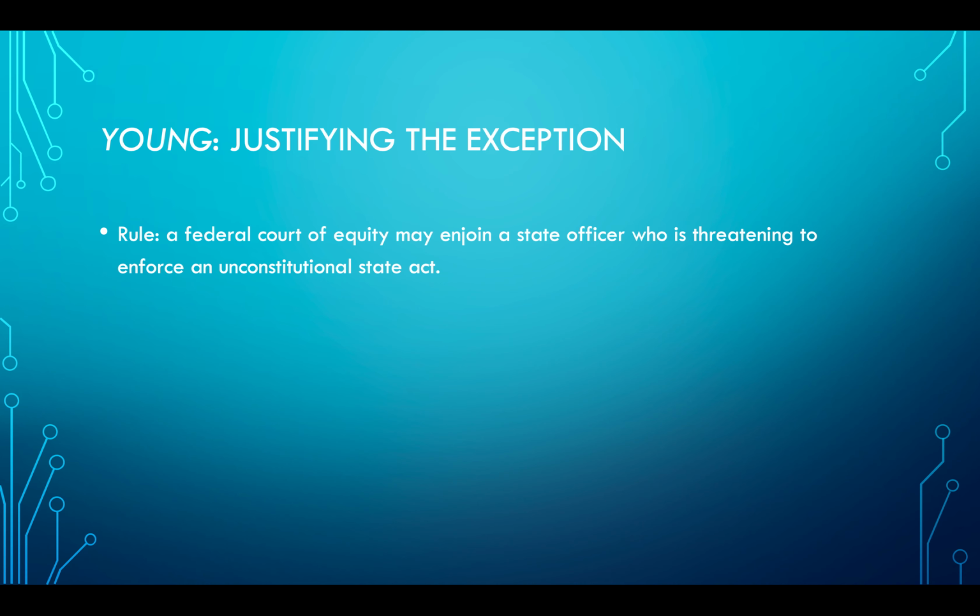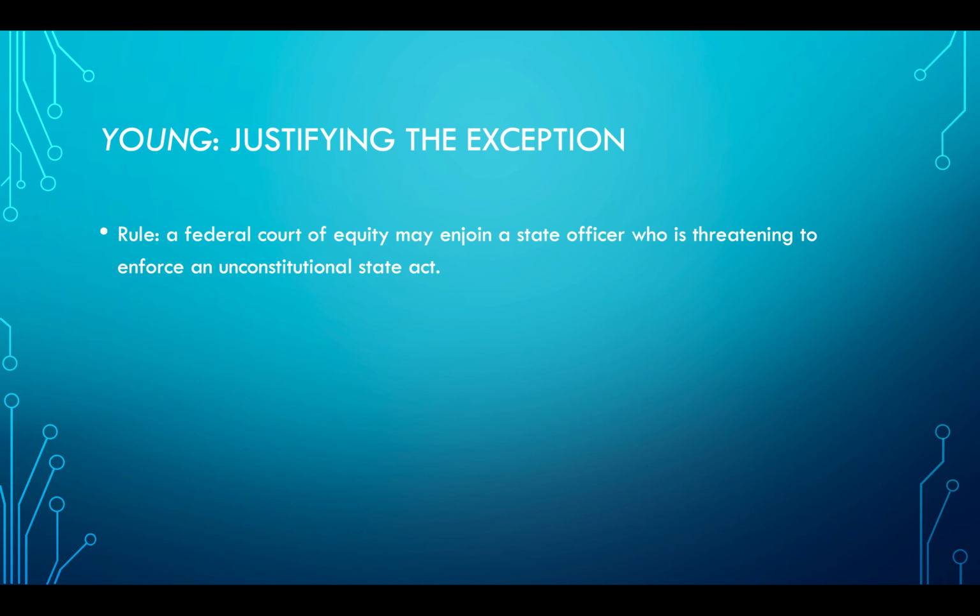Young involved the Attorney General who was threatening to enforce a state statute against a railroad company. The railroad company said, this statute, which was a price control statute, that you're threatening to enforce against us, we think is unconstitutional, violates federal law, and therefore the railroad company filed a suit in federal court to enjoin the state attorney general from enforcing the state statute.